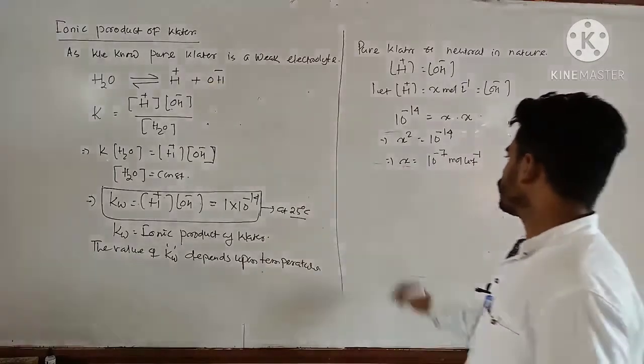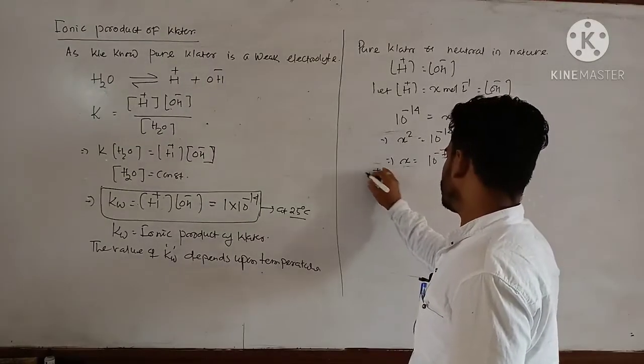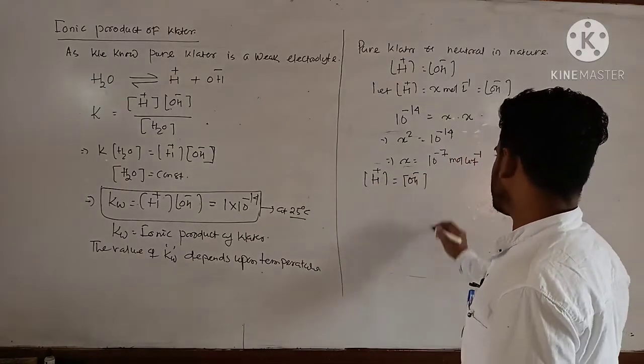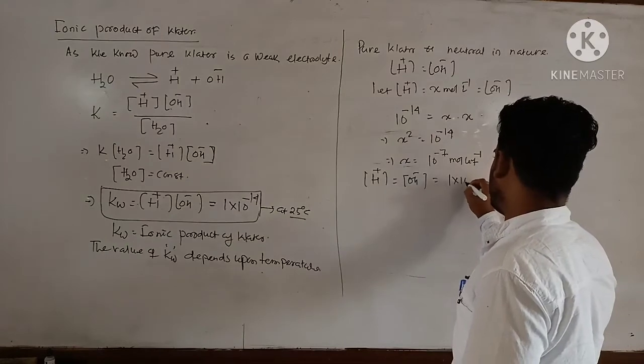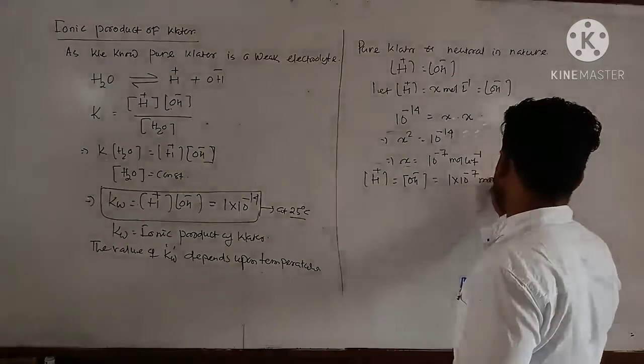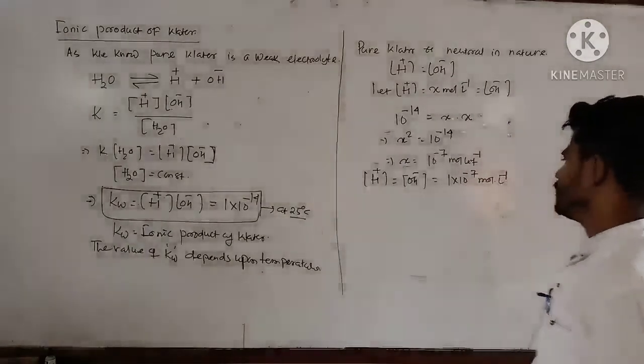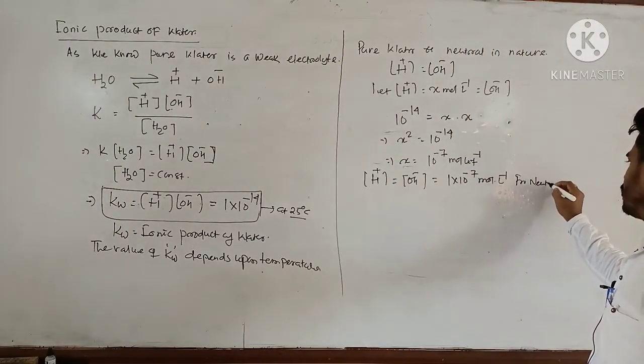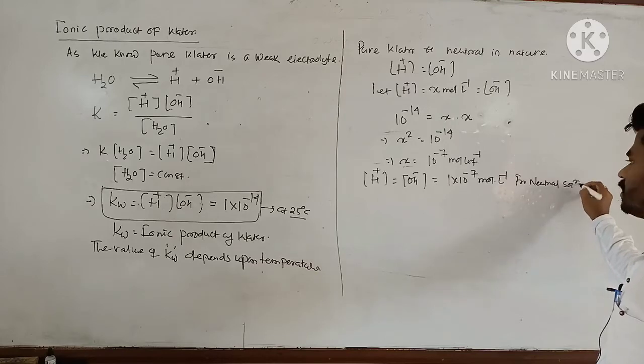Is that clear? So for pure water, the concentration of H plus ion is equal to the concentration of hydroxyl ion, that will be equal to 1 into 10 to the power minus 7 mole per liter. This is for a neutral solution. Is that clear?